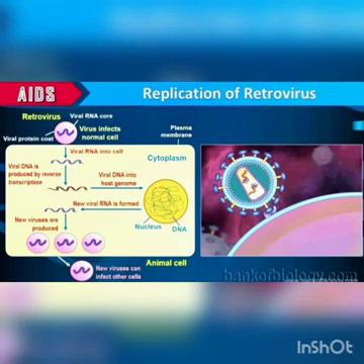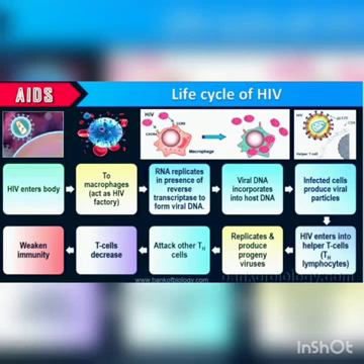Now you can see HIV first enters the body. It goes to the macrophages, which act as an HIV factory. Then RNA replicates in the presence of reverse transcriptase and creates the DNA. Now viral DNA incorporates into the host DNA, and the infected cell produces viral particles.